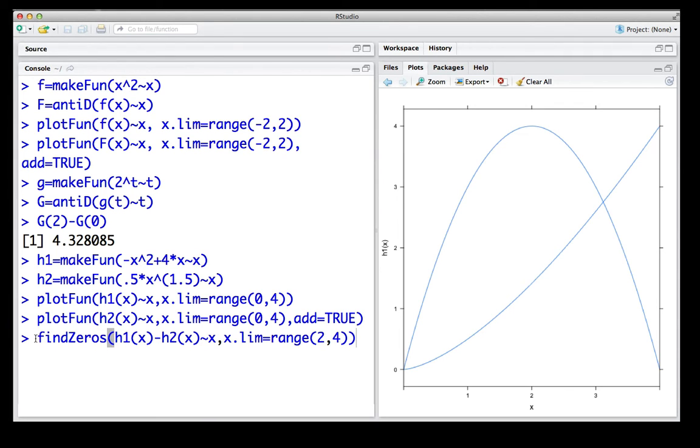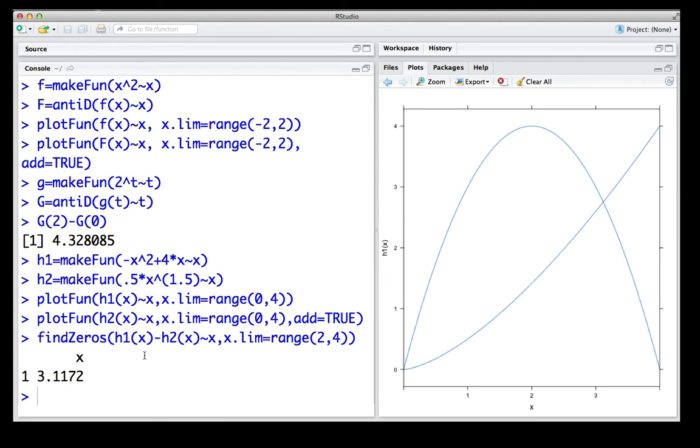The command findZeros allows you to take some kind of function, in this case h1, which is the top function, minus h2, which is the bottom function, and I'm telling R that the variable is x, and where I want it to look for zeros, meaning where the functions would have to be equal, between 2 and 4. R quickly tells us that it looks like there's a zero at 3.11, and if we actually look, that looks really close. That's probably that zero right there.